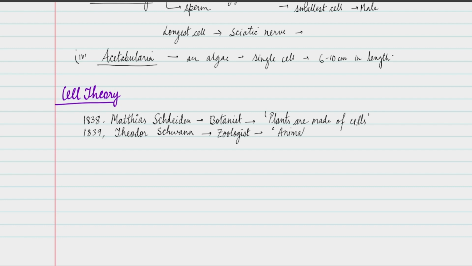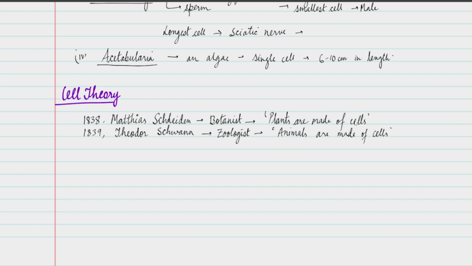Animals are also made of cells. So they basically made this cell theory in the 1830s, because microscopes were invented and they found out the structure of plants and animals, and found that both are made up of cells.